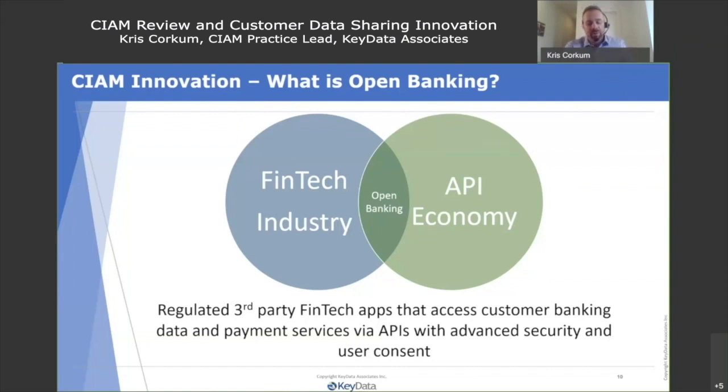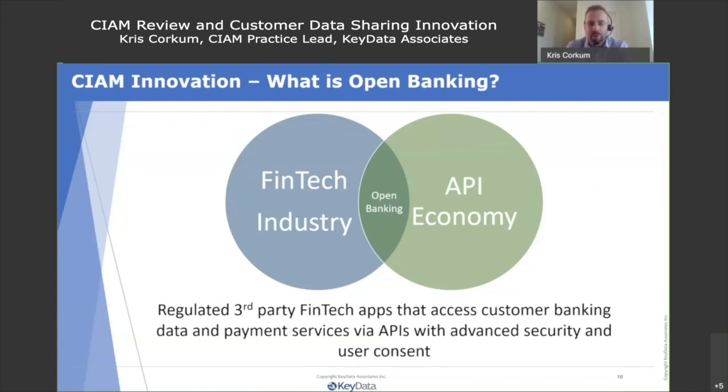So fintech is the term used to refer to innovations in the financial and technology crossover space. Typically refers to companies or services that use technology to provide financial services to businesses and customers. And the API economy is really allowing organizations to drive additional revenue by offering up their data as APIs.